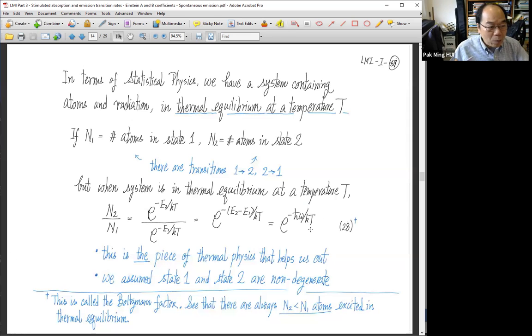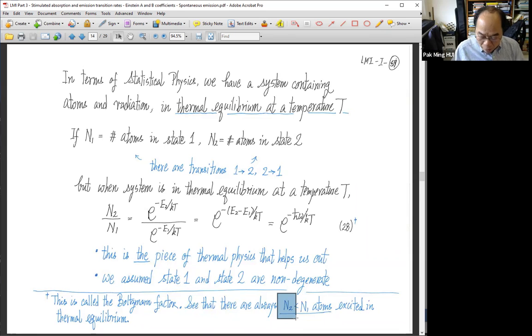But there is one important observation. N2 over N1 is this, and this is positive, all right? Therefore, you see, there are always more atoms in the lower state than in the upper state when the system is in thermal equilibrium.